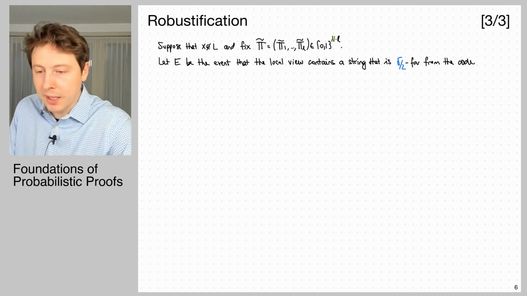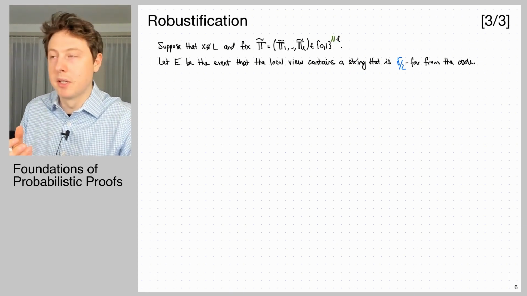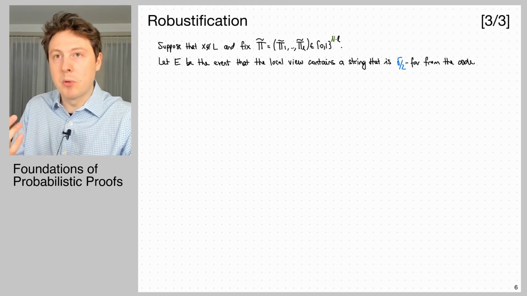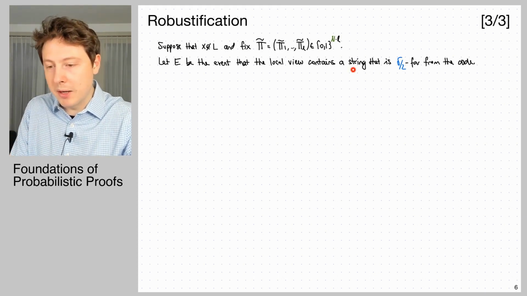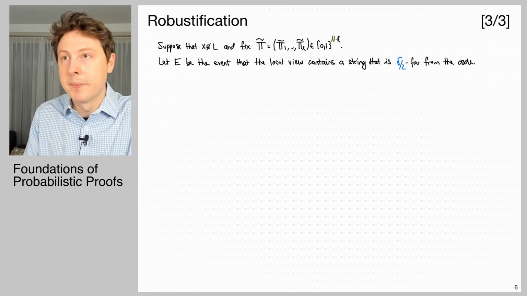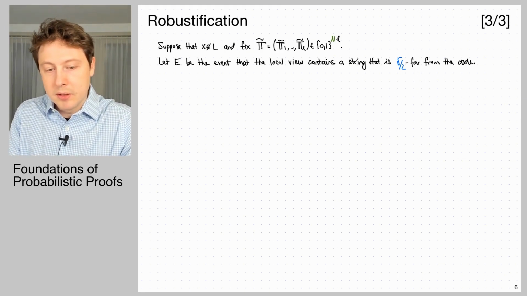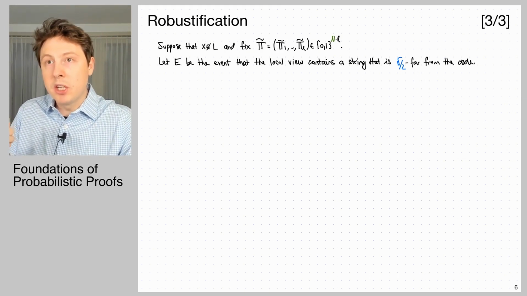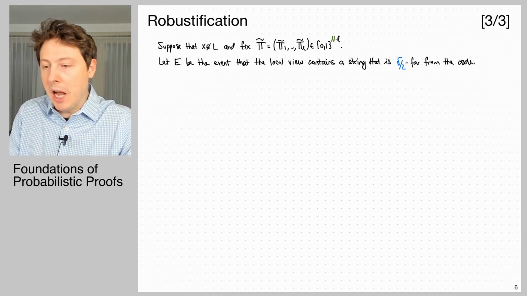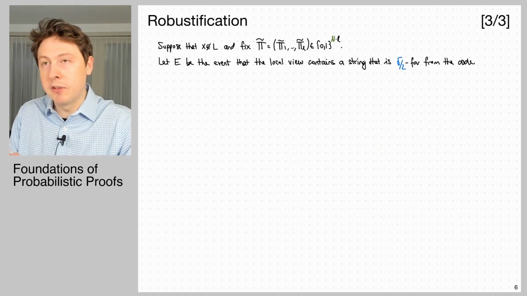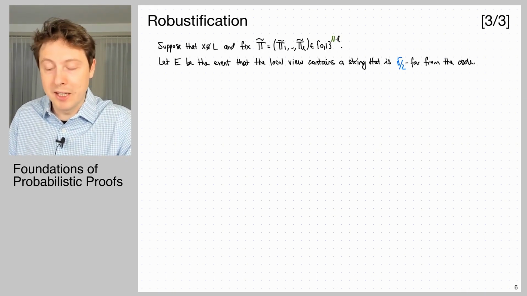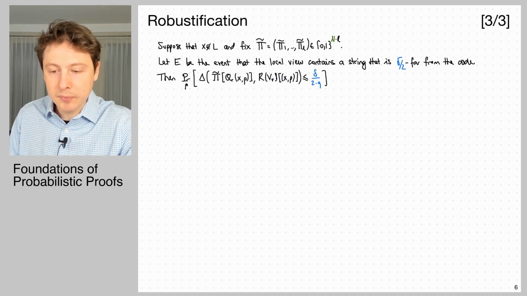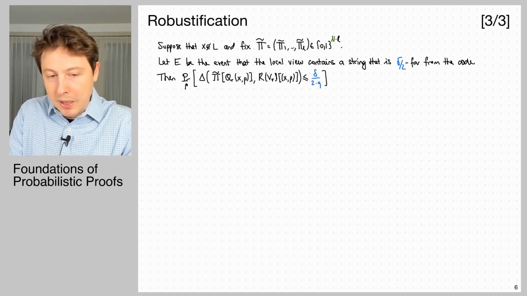I don't want to say block because it suggests that we're working over a different alphabet, but we really are working over binary strings. So E is the event that one of the q binary strings happens to be pretty far from a valid code word. Okay, so let that be the event.